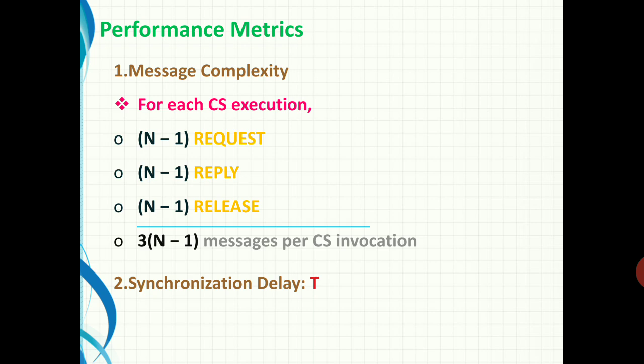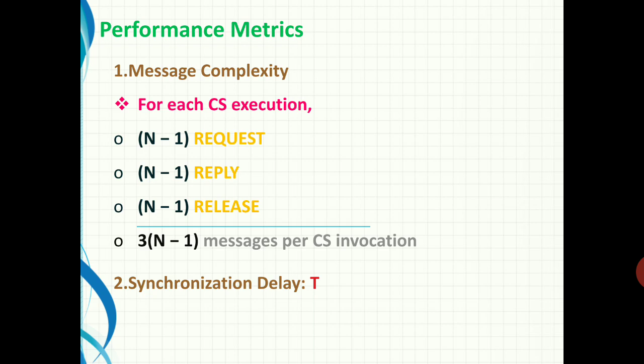If a particular site wants to enter the critical section, it needs to send n-1 requests if the system contains n total sites, that is, excluding itself, it sends the request to all other n-1 sites.